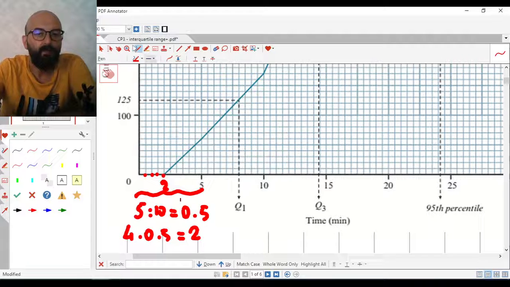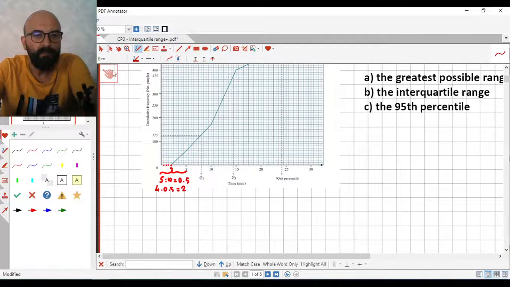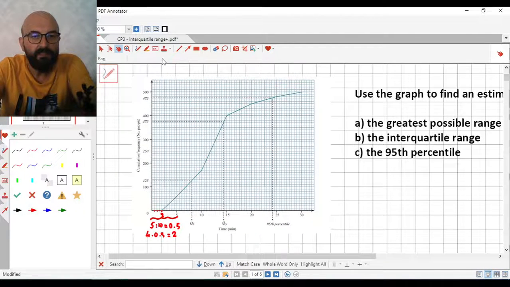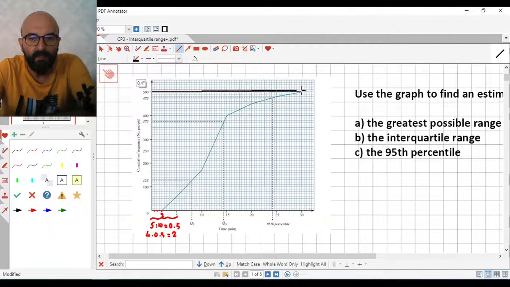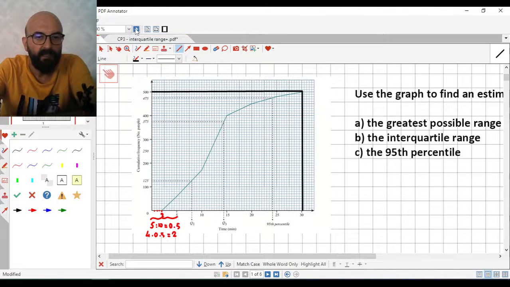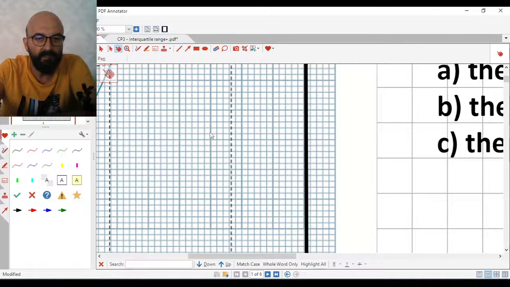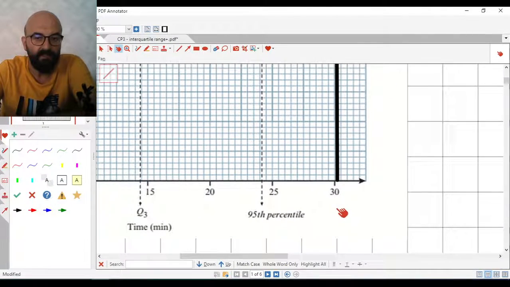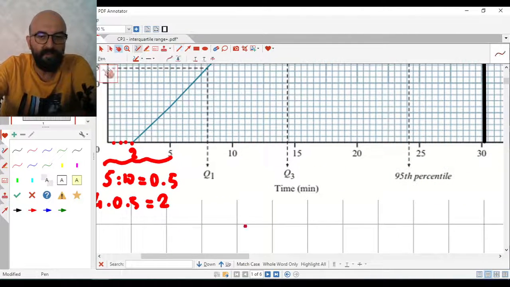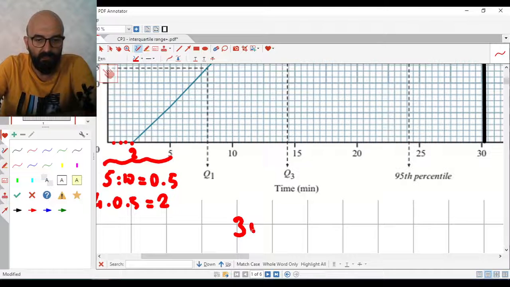Now the biggest value: the time for all 500 people is this, which means 30. So the biggest value is 30 and the largest range is 30 minus 2, which is 28.